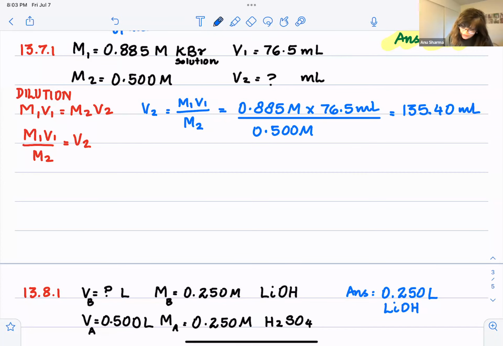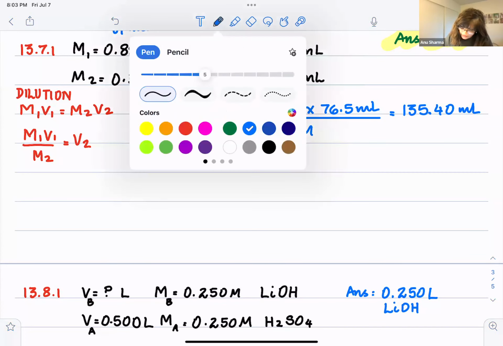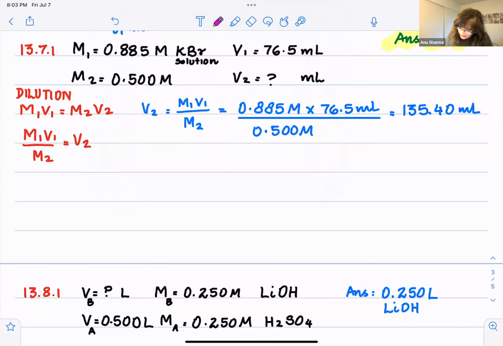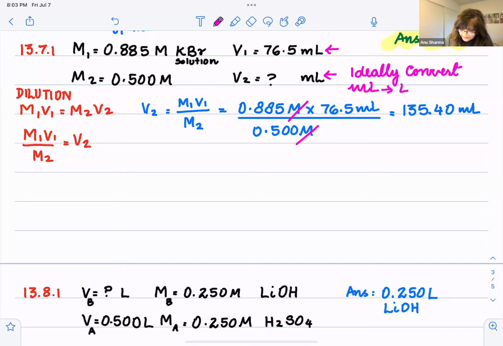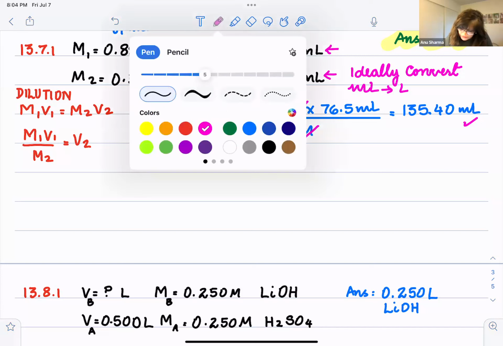Here you see the units of M and M cancel, and you're just left with the volume units. Ideally, convert milliliters to liters, but because they are the same, we left it as is. Because the answer is in milliliters, this is the answer.